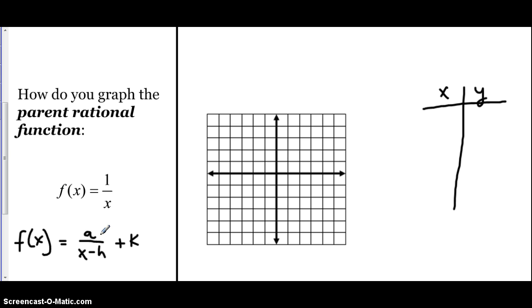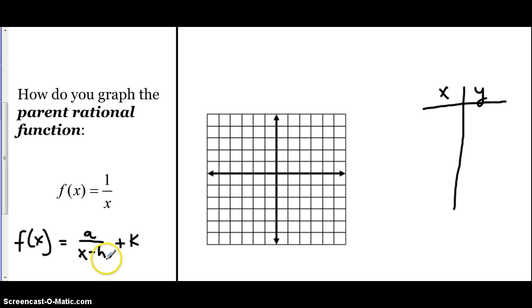Most of the ones you did in class were not in the parent function form. So we'll sometimes see it in this form, and other times we'll have to do it the way we did in class and graph it by hand using the rules and also having the calculator to check.